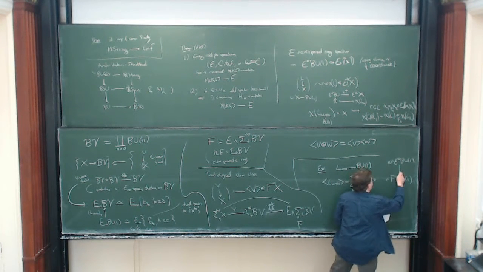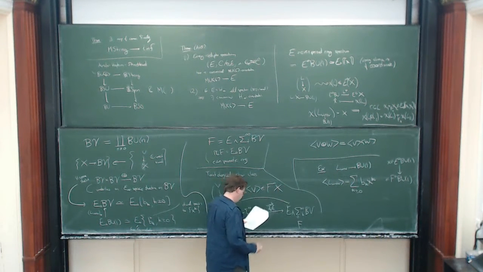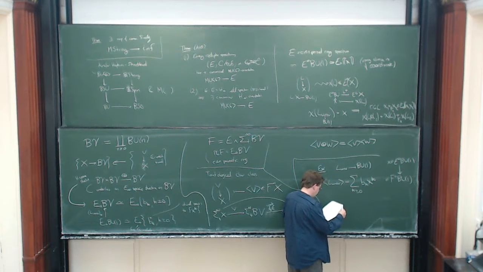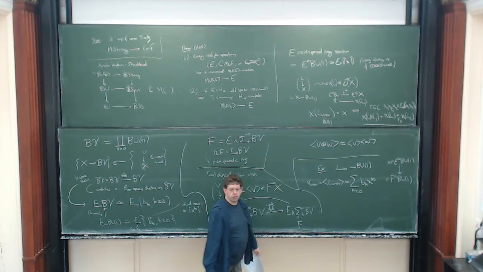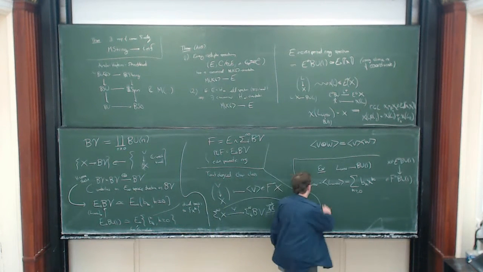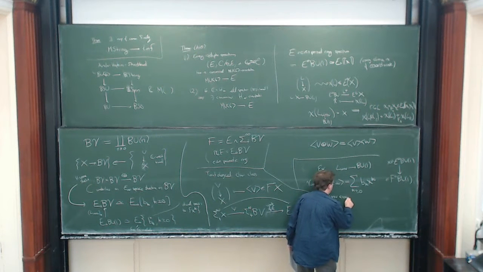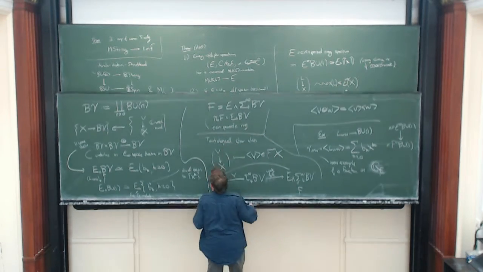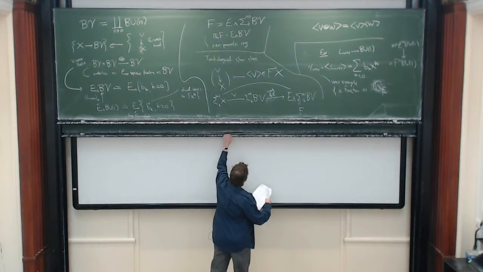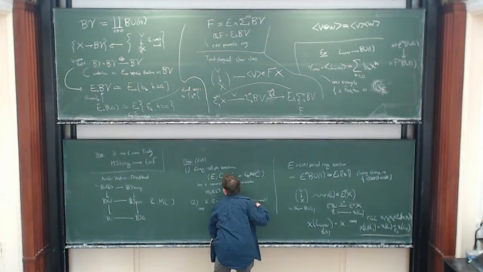X, by the way, is the image in F0 BU1 of the one from E, because there's a map from E to F. I'm going to call this thing gamma sub univ. And I'm going to interpret it as the universal example of a function on the formal group of E. This is the universal example of a function on G sub E, the formal group of E. Let me spell that out.